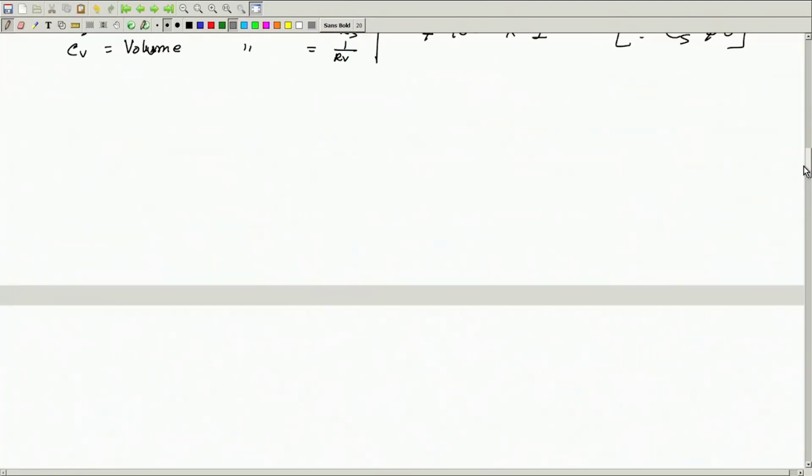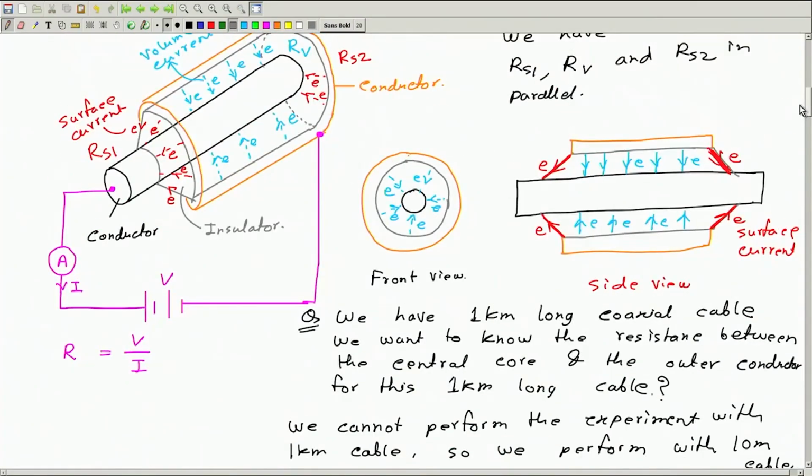Now, let us see the solution. Okay. So that was the problem, why surface conductance is so crucial to take care of.